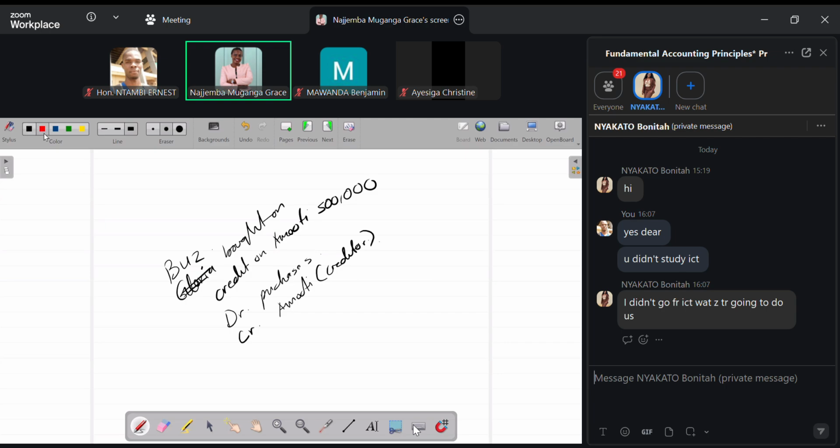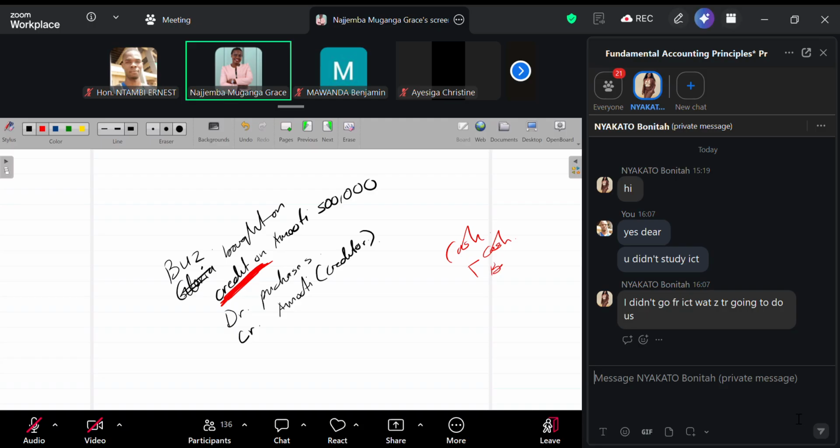Being that this transaction is on credit, it cannot be posted in the cash book. It cannot appear in the cash book. In the cash book, strictly we record cash and bank transactions, transactions that involve movement of money.